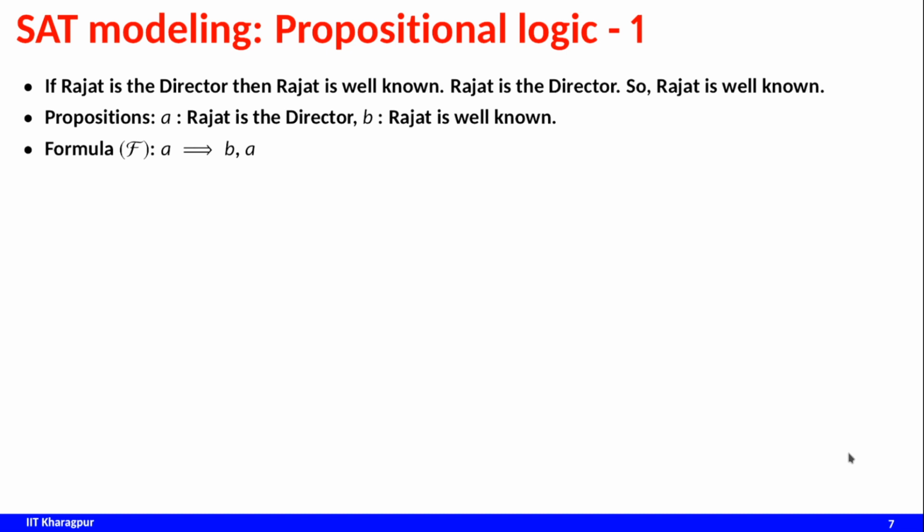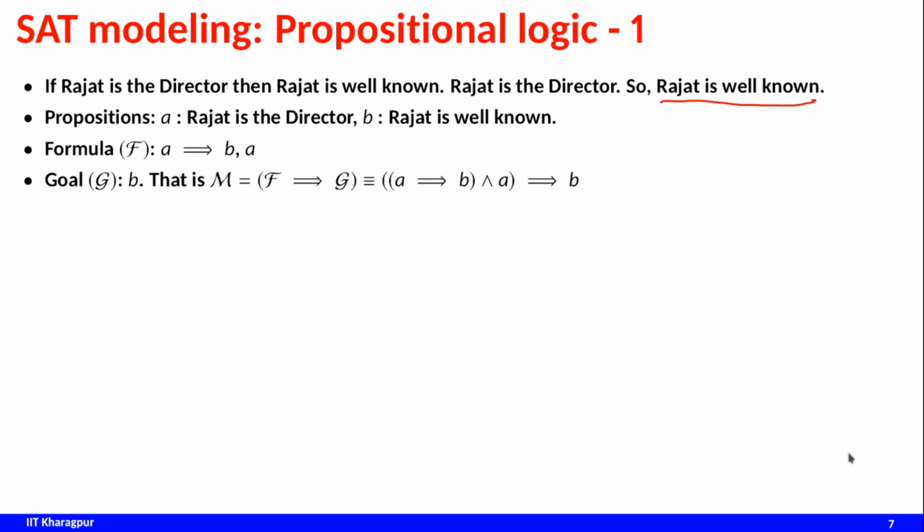So the given knowledge base is: if Rajat is the director, then Rajat is well known, which is A implies B, and Rajat is the director, which is nothing but A. This is the formula F, the knowledge base given to us, and the goal we want to specify is Rajat is well known, which is B. Effectively, I want to show that F implies G, meaning that from A implies B and A, I should be able to derive B. That is the objective.